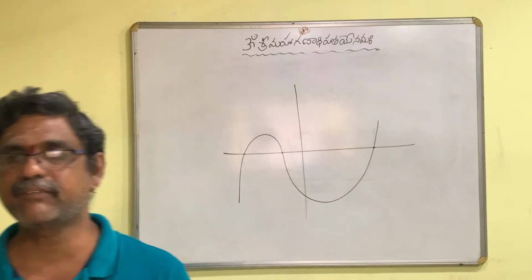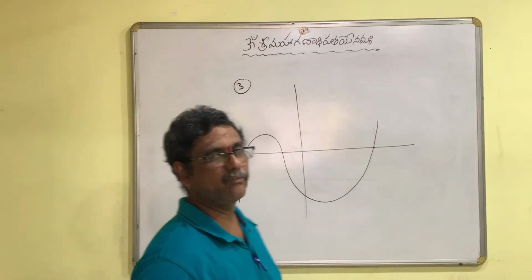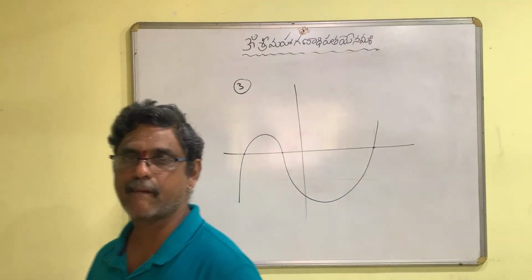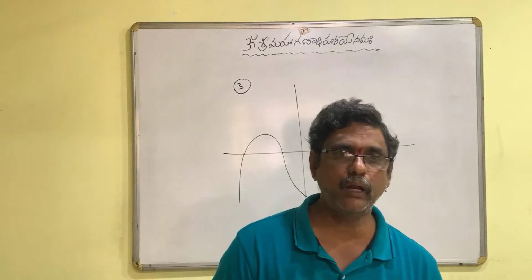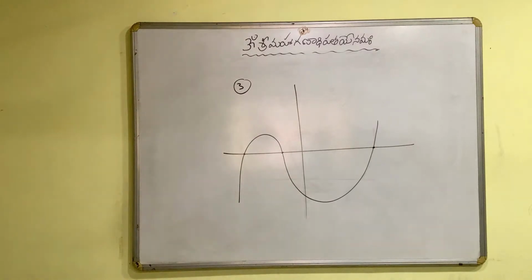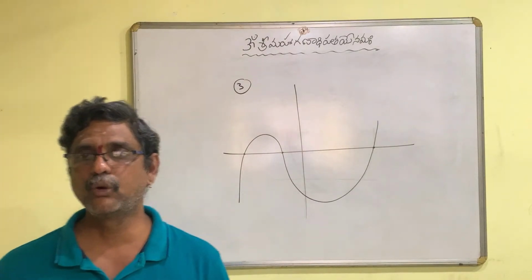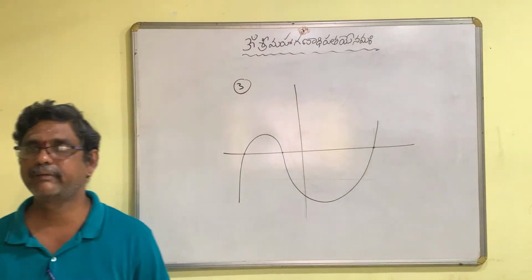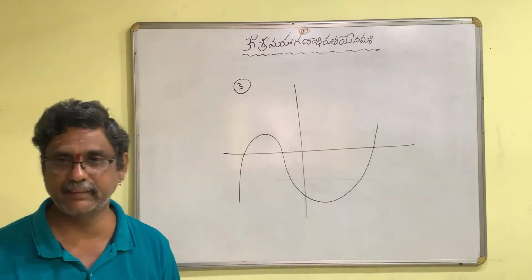If this graph is having 3 solutions, what do we call that polynomial, children? Yes, cubic polynomial. We can call it a cubic polynomial. Very good. And a degree 3 polynomial.